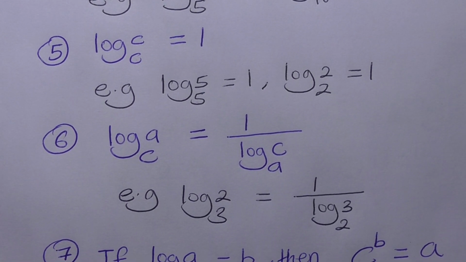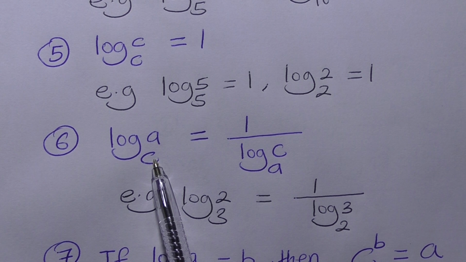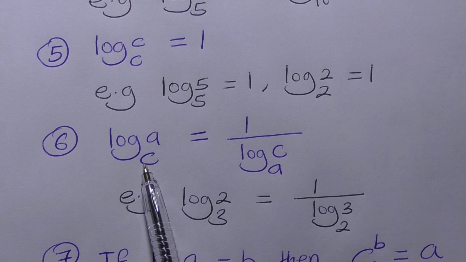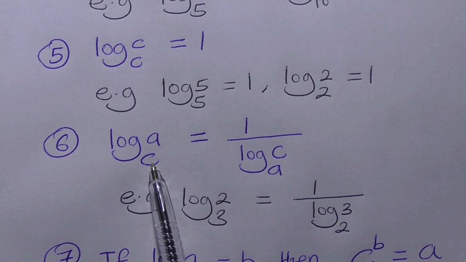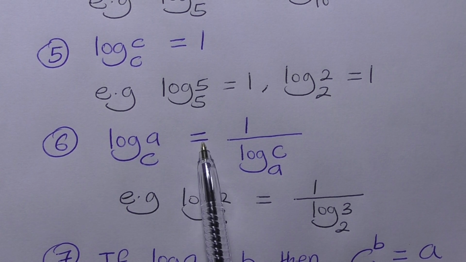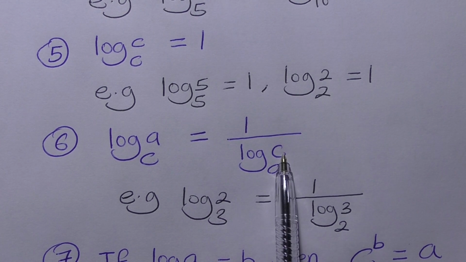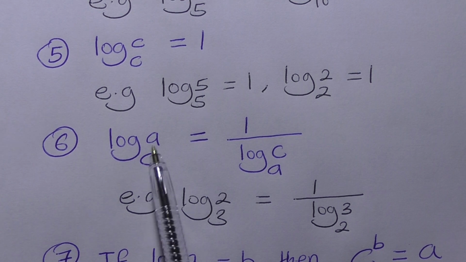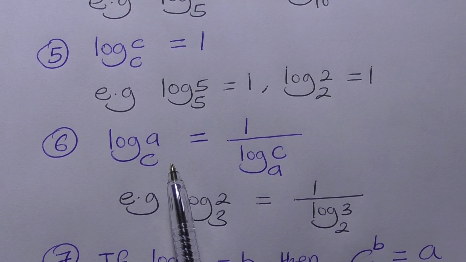Law number 6 says, remember I told you that for us to be able to apply these laws, we must make sure the logarithms are having the same bases, and this is one way of how we can change the base. So if I have log c power a, then it will be equal to the reciprocal of log a power c, meaning if we are to change the base to become our power and the power to become our base, we shall take the reciprocal.